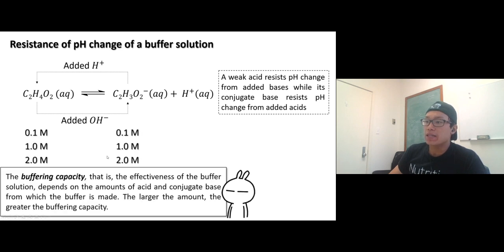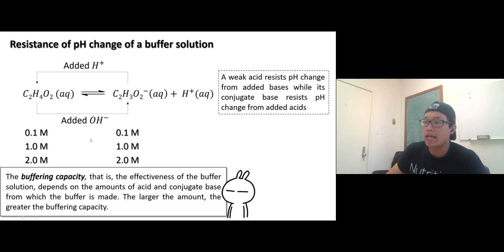Okay, and the buffering capacity, which is the effectiveness of the buffer, hold on. Okay, the effectiveness of the buffer solution depends on the amount of acid and conjugate base. If we have a buffer solution of 0.1 molar acetic acid and 0.1 molar acetate, that's the amount of acid and base that it can withstand, right?